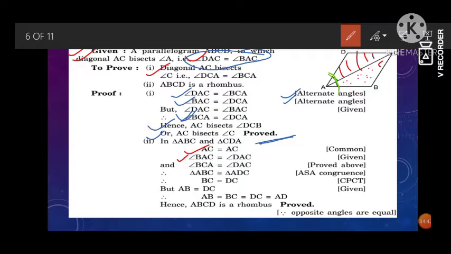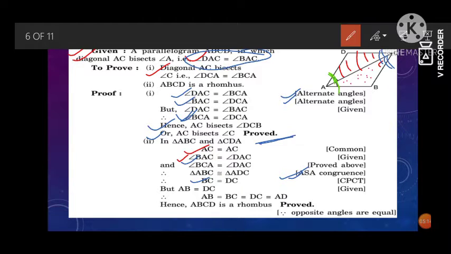Again, angle BCA and angle DCA are equal to each other. So both the angles and their included side are equal. So we can say angle-side-angle congruency is valid for triangles ABC and CDA. Hence by CPCT we can say BC is equal to DC.